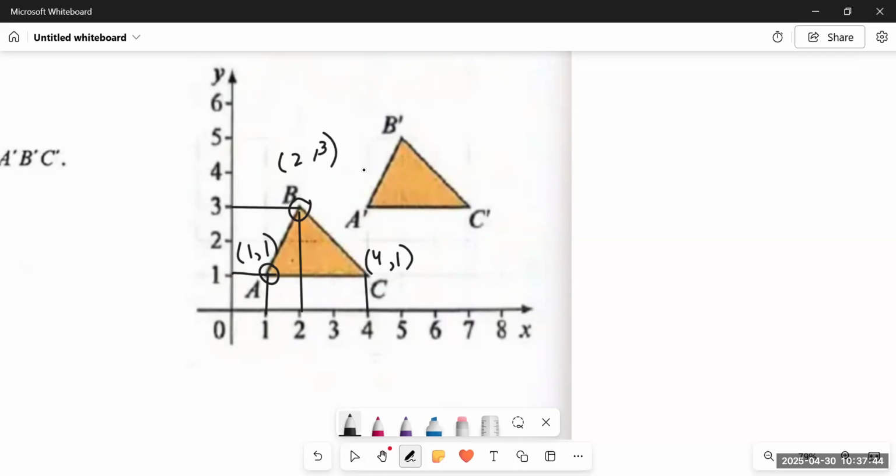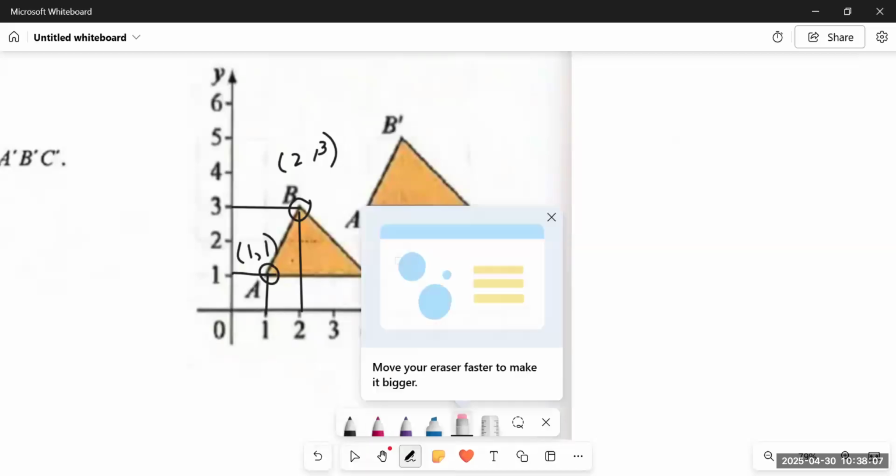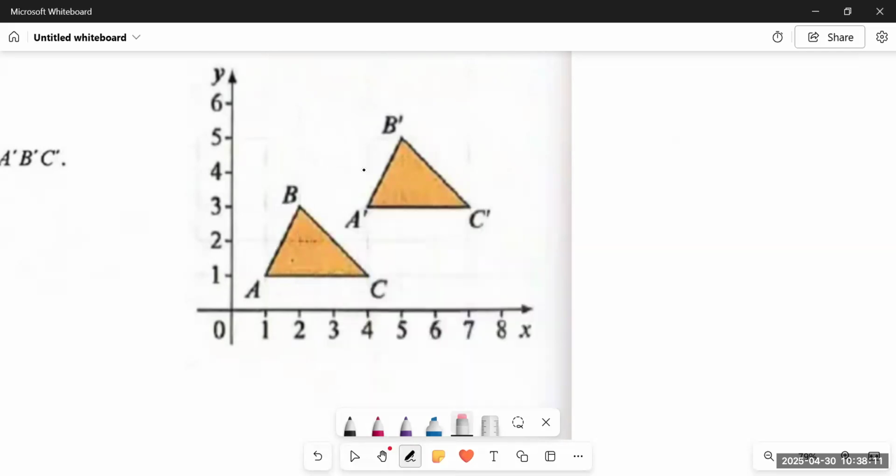Now, we have to translate this triangle ABC 3 squares to the right and 2 squares up. So the coordinates of the vertices A dash, B dash, and C dash would be different, but we can say that the point A corresponds to point A dash. As you can see over here, if I move from point A, so what should I do now?